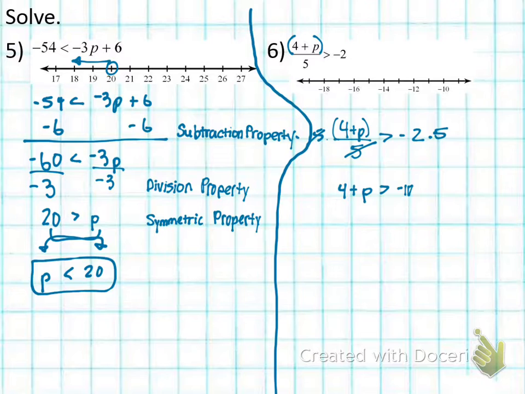Once we get to the parentheses, we start over. So, subtraction signs again. Are there subtraction signs? Yes or no? Any addition signs? Yeah, what's being added to p? 4, right? So we can subtract 4 on both sides. So we got p is greater than negative 14. Okay, show me your graphs, please.